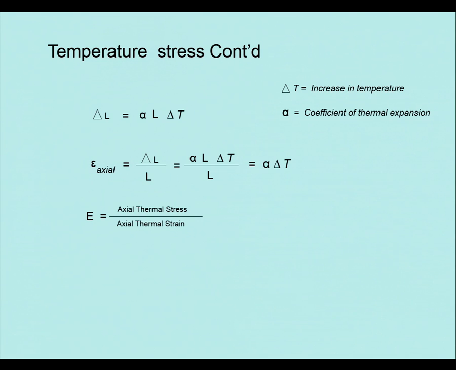So at E now you can put in actual stress over actual strain, where actual stress is the actual thermal stress. It's E times the actual thermal strain, equals E alpha delta T.